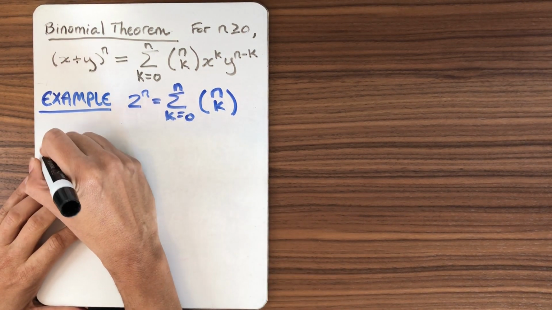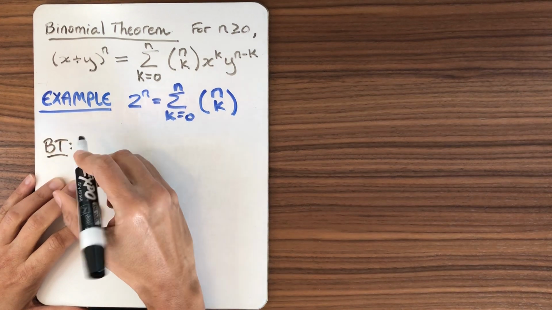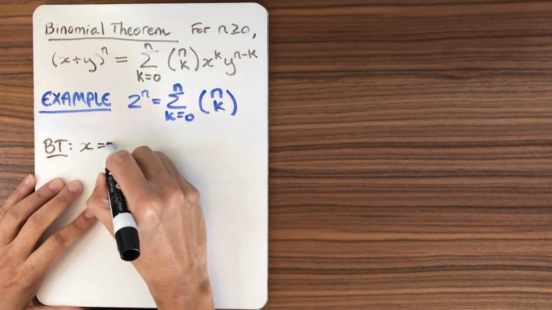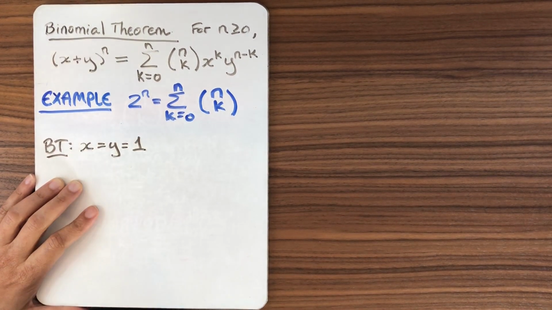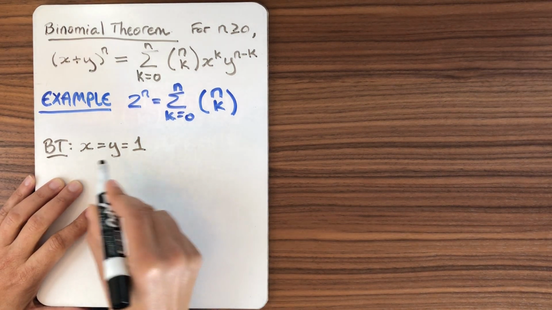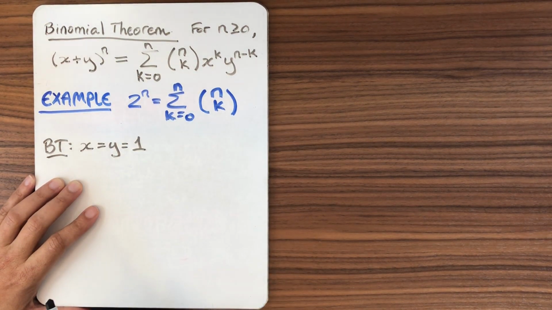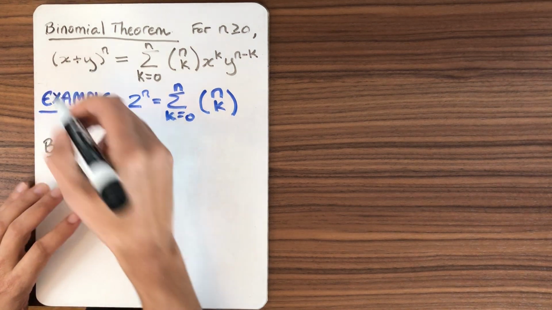Well, in the binomial theorem, we could just set x = y = 1. These are variables. We can take values. When we plug in these values, this is a polynomial, so this is a completely legitimate thing to do. What do we get?